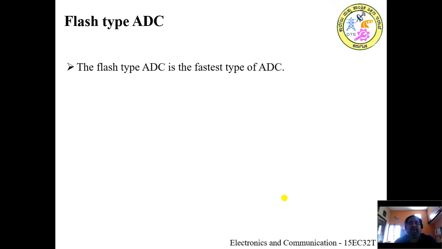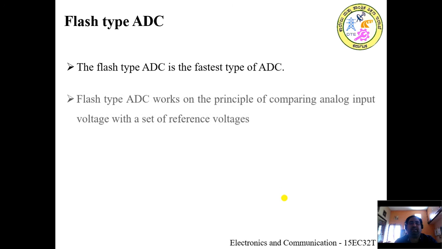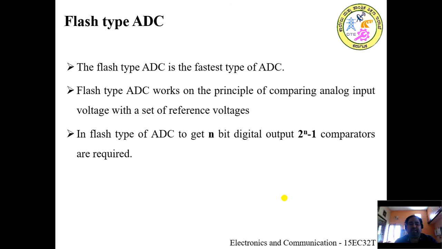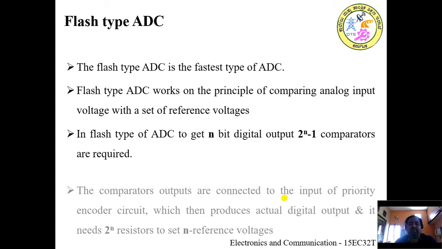The flash type of ADC is the fastest type of ADC. It works on the principle of comparing an analog input voltage with a set of reference voltages. In a flash type of ADC, to get an n-bit digital output, we need 2 to the power of n minus 1 comparators.